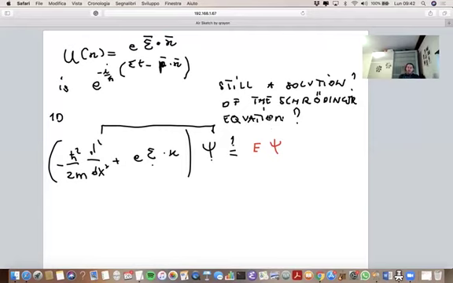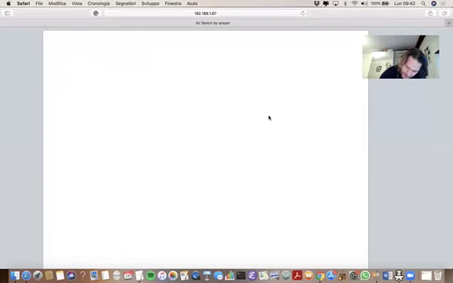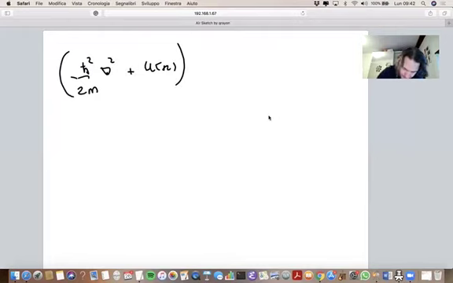Now, is this an easy problem in general, or is it a hard problem? Well, this is called the Schrodinger equation again. Let me rewrite it again for a single particle. I know I'm being a little bit pedantic, but better to be pedantic than to skip steps.